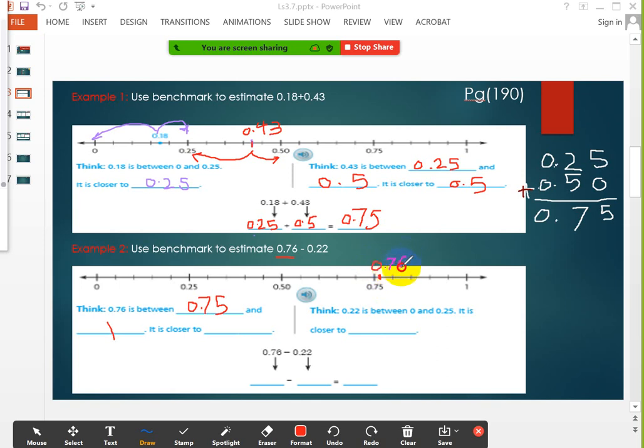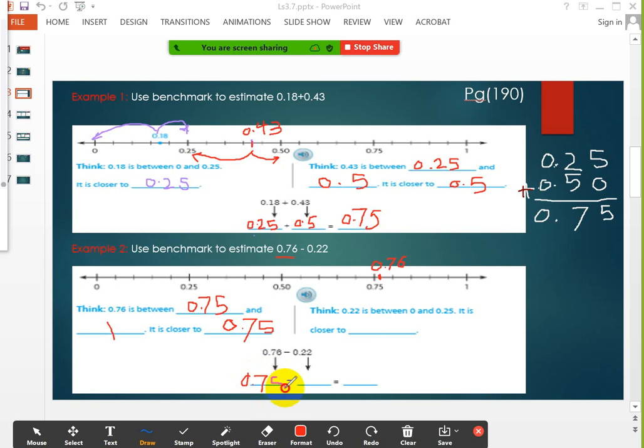Now I want to see whether this number is closer to 0.75 or 1. It's closer to which number? It's closer to 0.75. Thank you, Ariam. That's right. So I can round this number into 0.75.